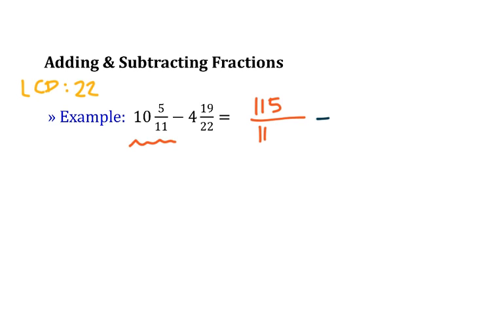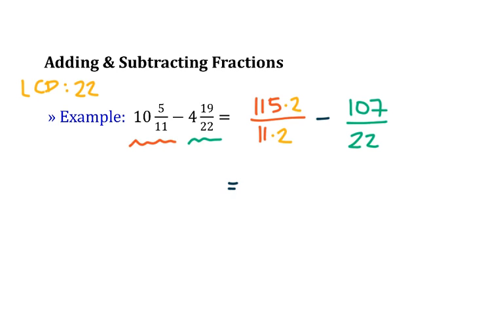And then our second fraction of 4 and 19/22, if I change this to improper, 22 times 4 is 88 plus 19 gives us 107 over 22. And now I'm going to make sure to change that denominator of 11 to look like the LCD of 22. This involves multiplying top and bottom by a factor of 2.